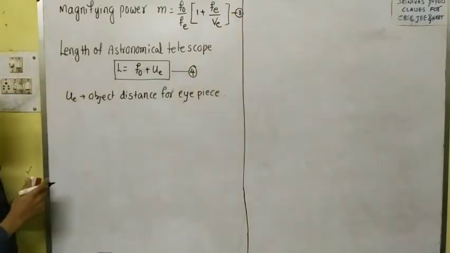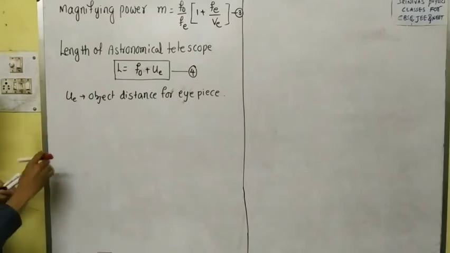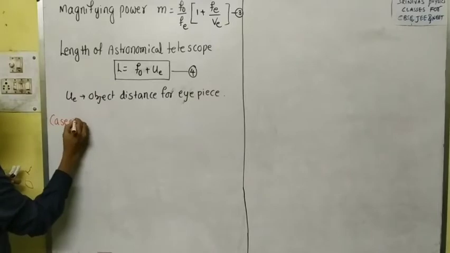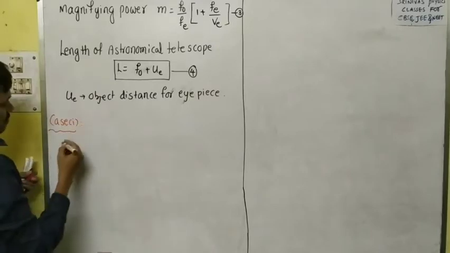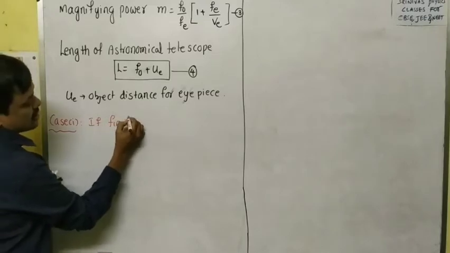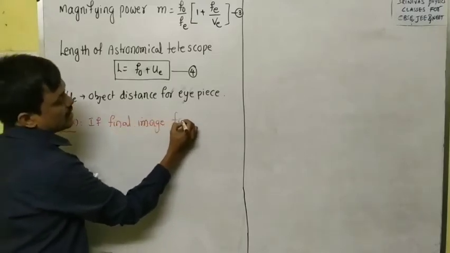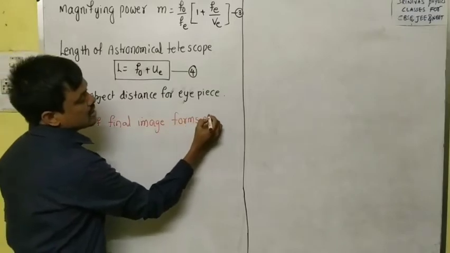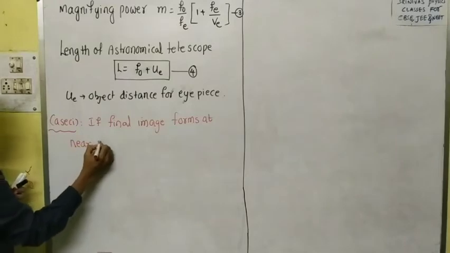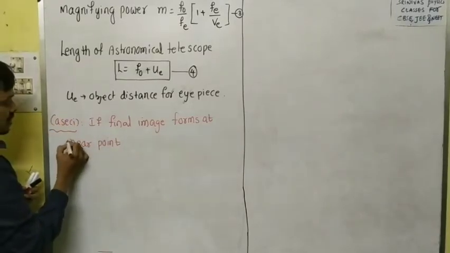Now what we have to do is take the cases. The first case is when the final image forms at the near point. If the final image forms at the near point, then what is the formula for the magnifying power? What is the near point? The nearest point at which an object is seen clearly, at the least distance it will form.